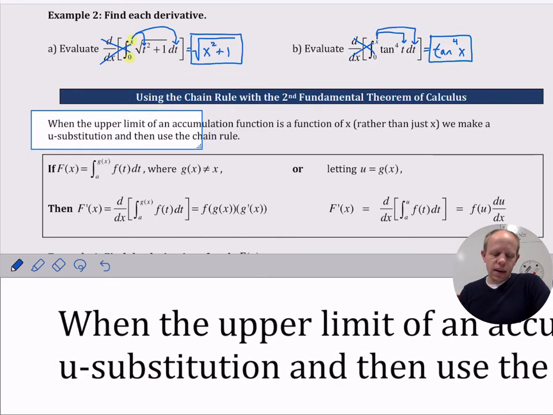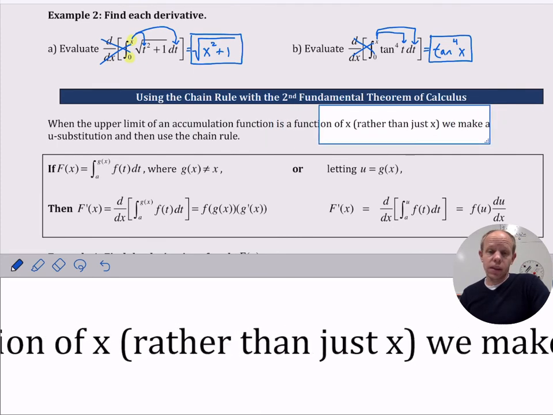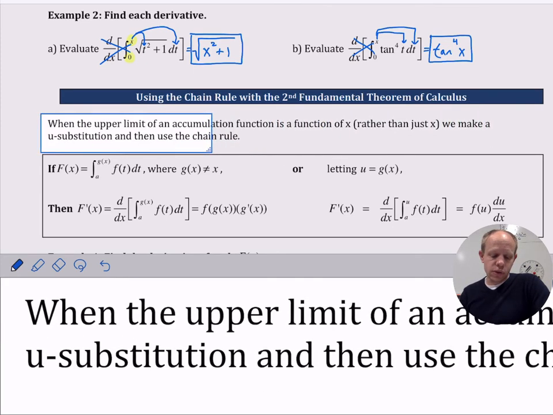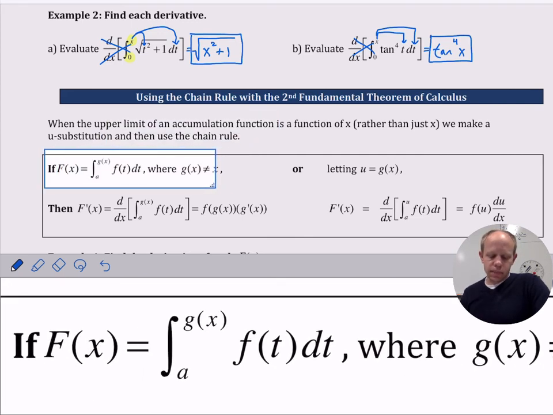Now, when the upper limit of an accumulation function is a function of x rather than just x, we have to make a u substitution and then use the chain rule. So this is what I was meaning. Now we have just a constant as the lower limit, but the upper limit is some function of x.